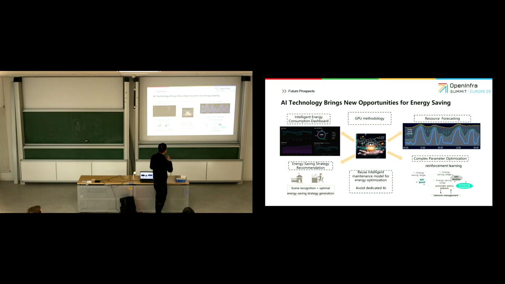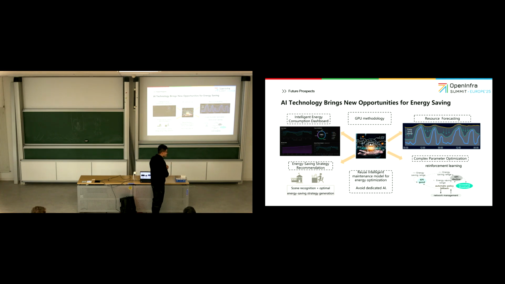With the prediction part, we're introducing AI to make it more accurate. And we are trying to reuse the maintenance agent, not a new one, so that it will not introduce more consumption from the prediction itself.